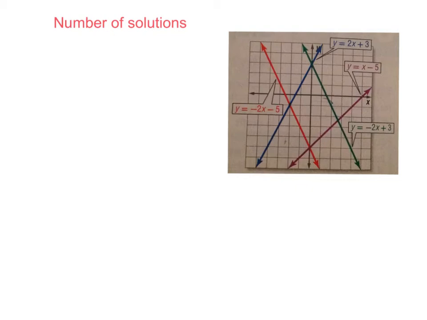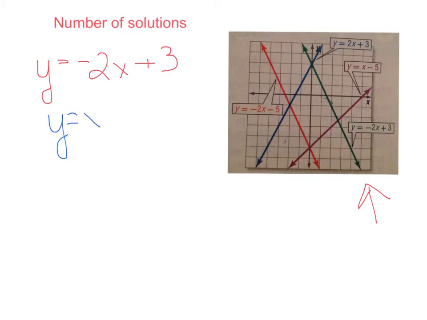Let's look at the system y equals negative 2x plus 3, which would be the green line, compared to y equals x minus 5, which is the maroon line. Here you can see that the two lines intersect at one point, right there.